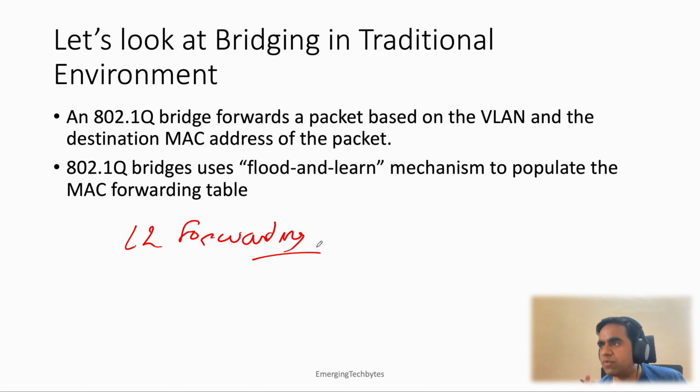So this is how this mechanism works in the traditional network, basically flood and learn, and definitely this is not the efficient way. Whereas if I look at layer 3, that is much more predictable, I would say much more deterministic.